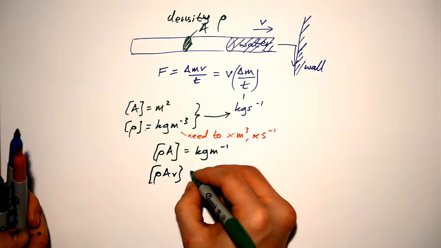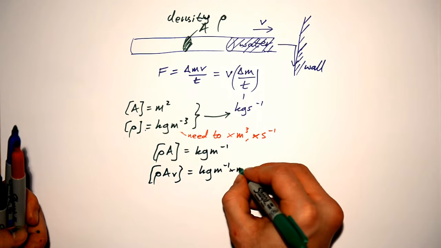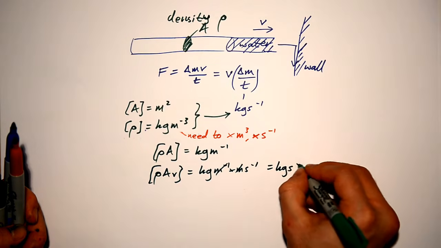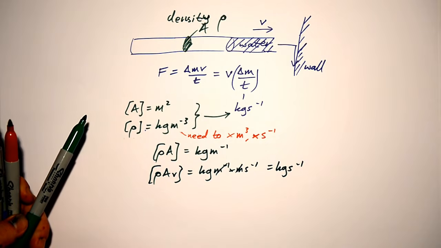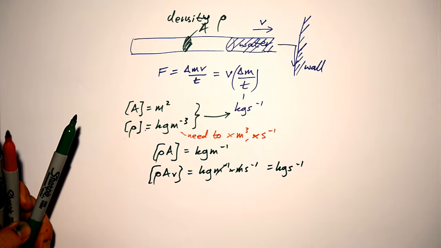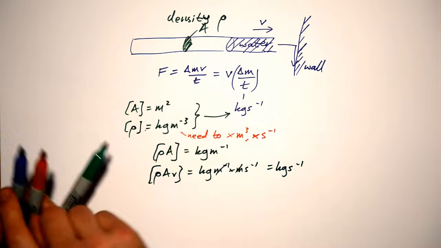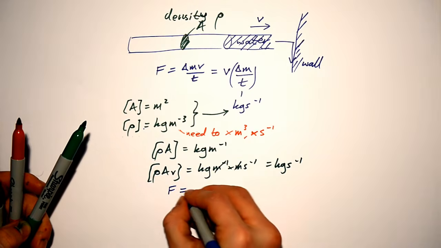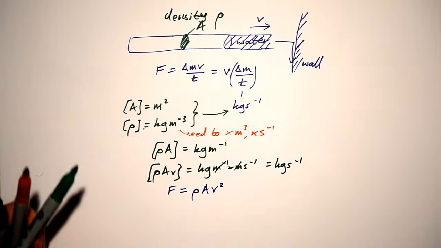Rho AV gives us kilograms per meter times meters per second. Those cancel and we get kilograms per second. So the change in mass per second for a fluid coming out of a pipe of cross-sectional area A is rho AV. To turn that into our force, all we have to do, of course, is times by velocity once more. So we end up with rho AV squared.